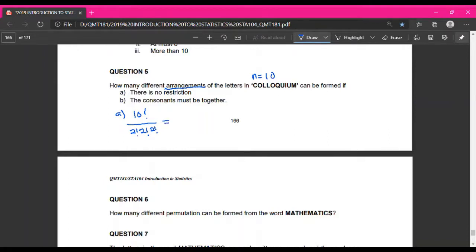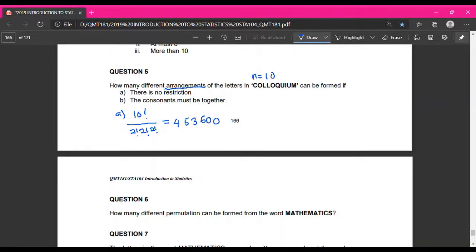So this is the arrangement. Number of ways of the arrangement without restriction. So 10 factorial divide dengan 2 factorial multiply 2 factorial multiply 2 factorial. So the answer will be 453,600. Okay, so yang tu tak ada restriction.